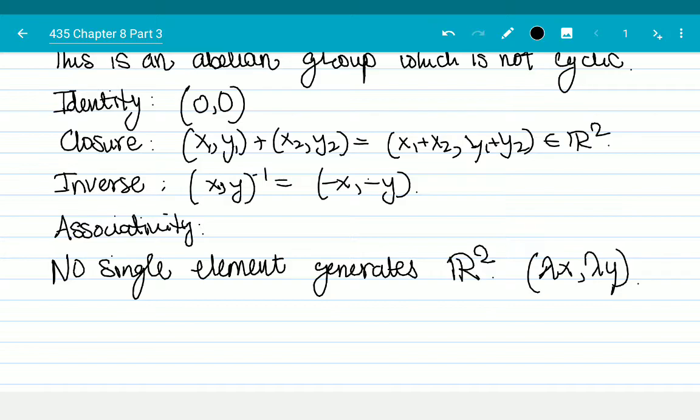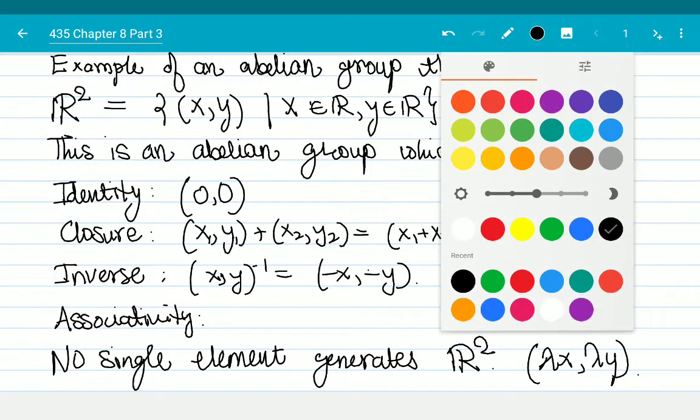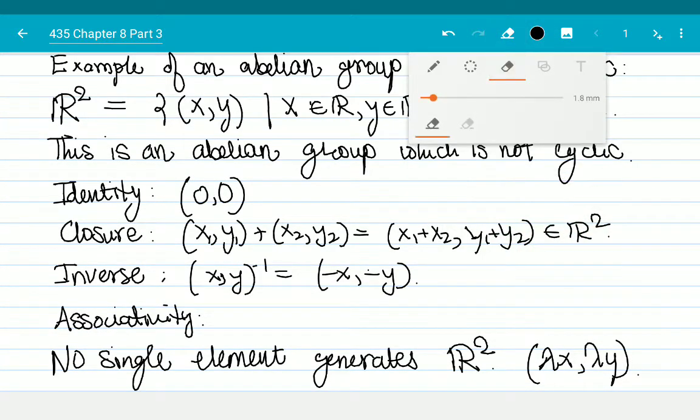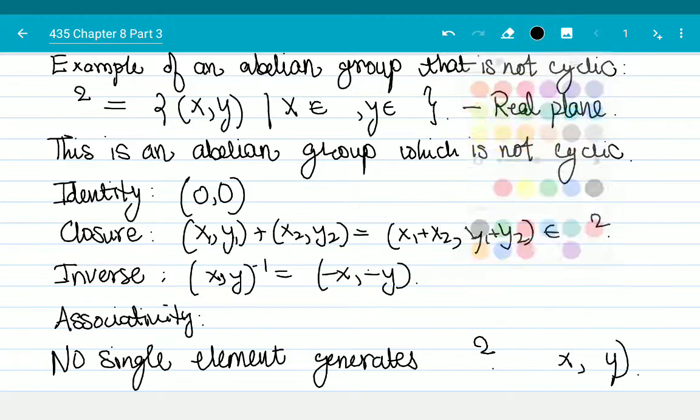you can say this. So let me do this. Let me do not R2, maybe Z2. The XY axis.